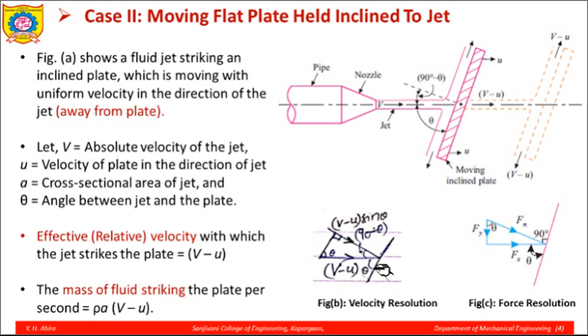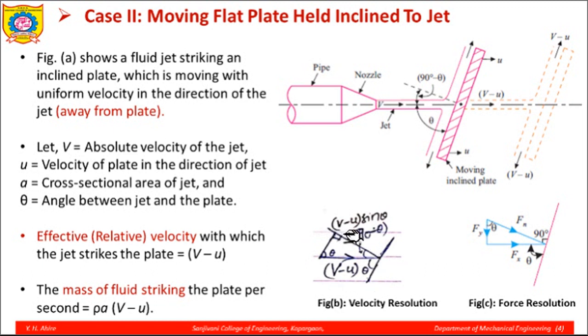The inclination between the jet and the plate is theta. So what we do, we resolve this relative velocity of the jet before impact along the normal direction of the plate and the tangential direction of the plate. So this is the tangential direction.